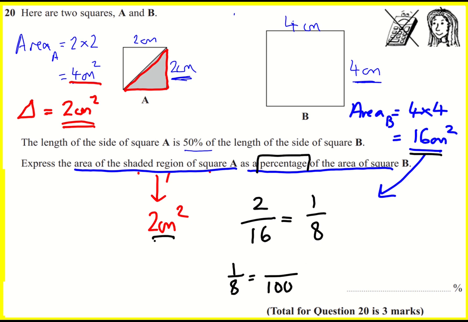The only problem with this one is that 8 does not go into 100, so we can't use that method. You either need to commit your fractions to percentages to memory. For example, an eighth is a good one to know. So an eighth, 3/8, 5/8, 7/8 are good ones to commit to memory.